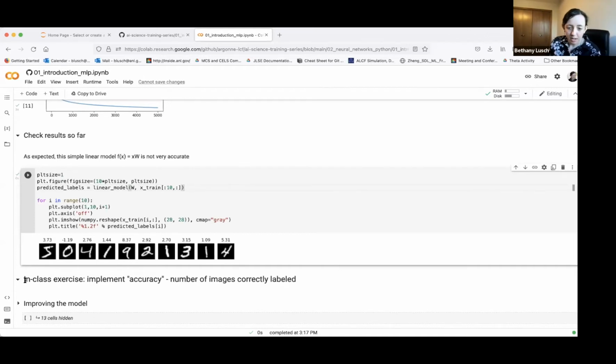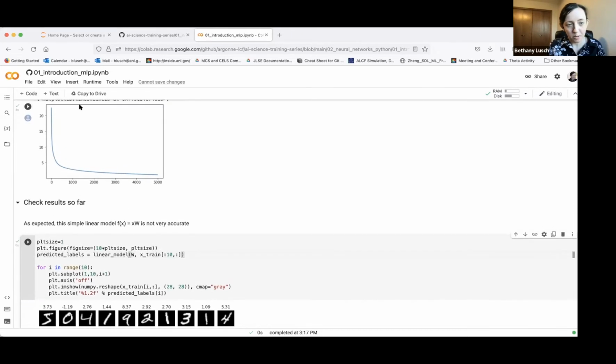So let's pause, and you can implement in the next cell accuracy. So number of images correctly labeled, and then we can talk about how we could also plot accuracy while the training is going on. And this can be also an opportunity to catch up if you're having trouble loading the notebook.